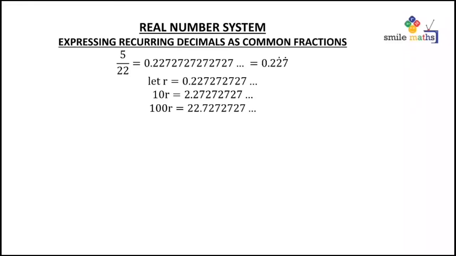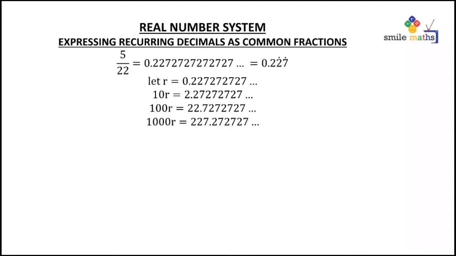So now let's multiply r by 1000. This is going to give us 227.272727. So the 2727 has appeared now, and it's going to have similar recurring numbers to 10r, which is also 2.272727. So in our next step, what it means is that 100r was not relevant.